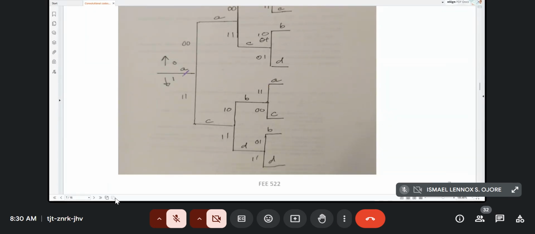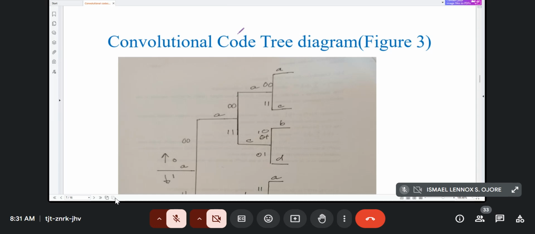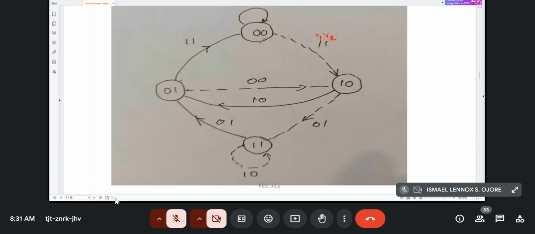The difference between a tree and the state diagram is just that in this case, whenever you put in a 0 you go up, whenever you put in a 1 you go down. What we have done here, which we normally do a lot, is to represent the state so that you don't have a problem of mixing the outputs with the state.